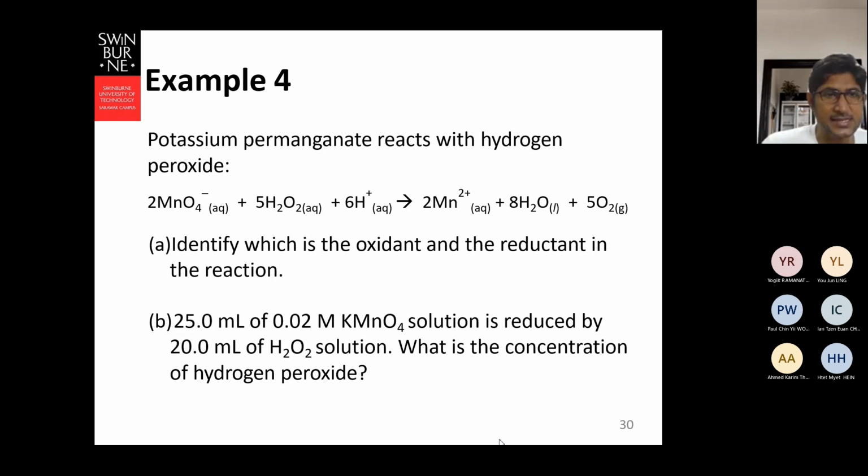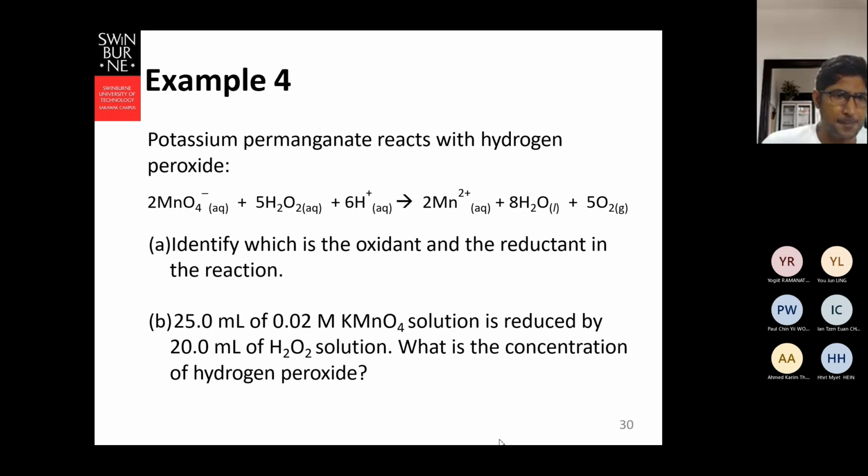The oxidation number is reduced. Positive 7 to positive 2 it becomes. And then hydrogen peroxide: oxygen was negative 1 but it becomes 0. Hydrogen was positive 1, always no change.